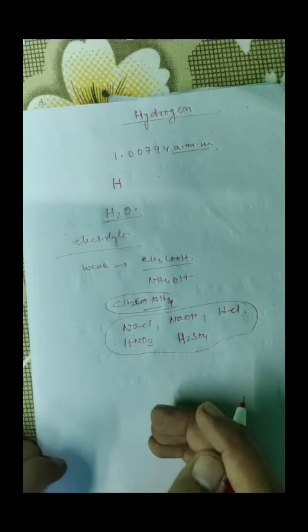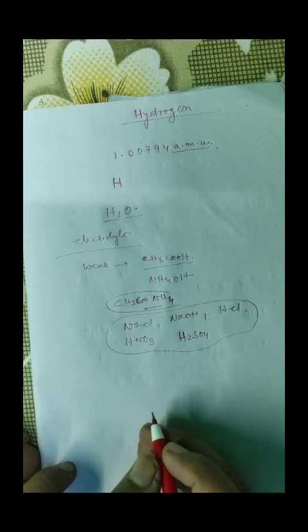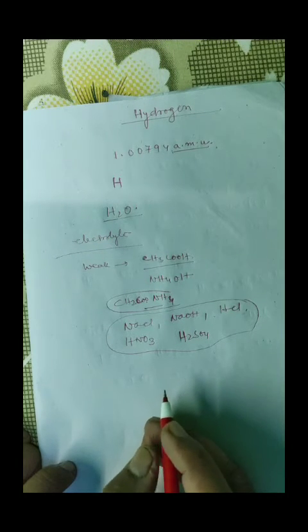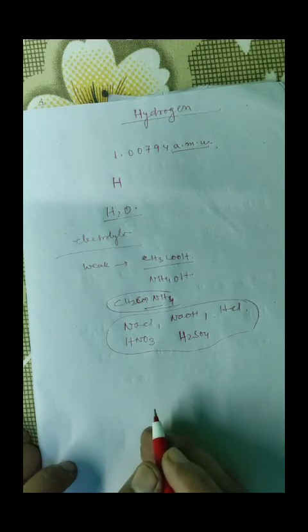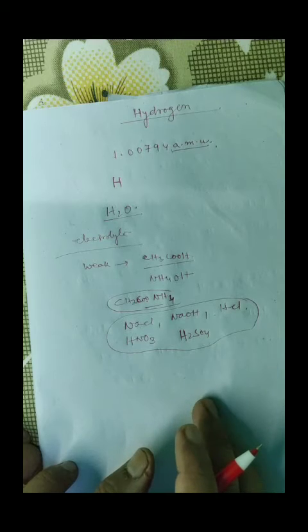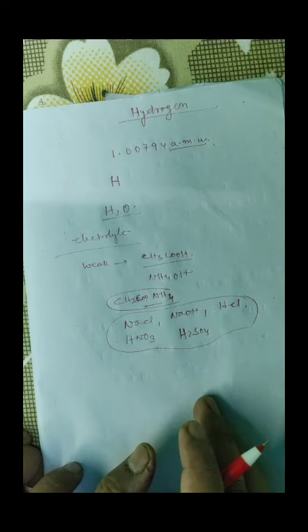Now, ions. The atoms or groups of atoms that get electrically charged due to decomposition of electrolyte after passing electricity through them are called ions. Atoms lose or gain electrons to form ions. There are two types of ions, anions and cations. Cations are positively charged ions, whereas anions are negatively charged ions.